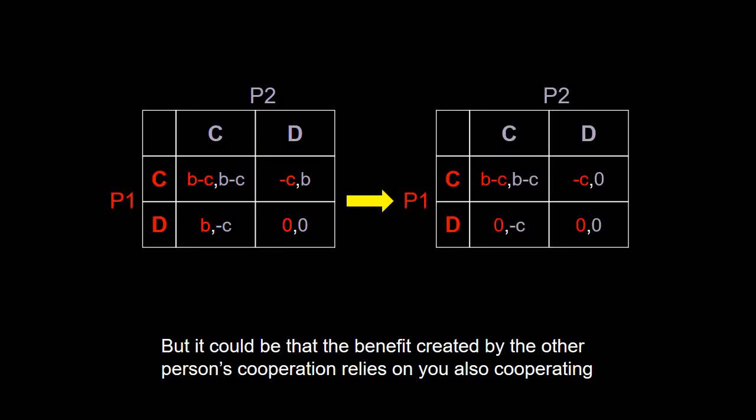And this fundamentally changes the strategic nature of the situation, because now it's no longer the case that defection is always better than cooperation. If you think about it, imagine the other person cooperated. If you defect, you get nothing because no benefit is created, whereas if you're willing to cooperate, you pay a cost, but the benefit gets created.